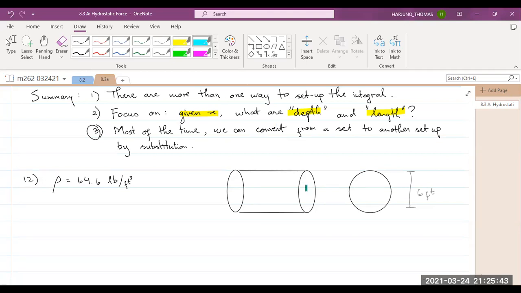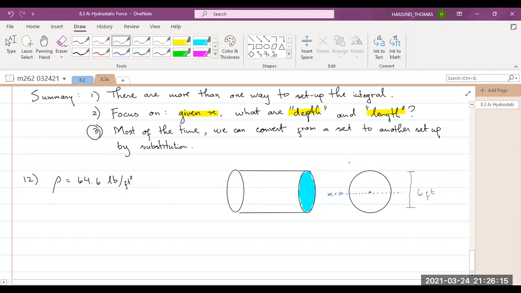So we want to find the amount of force experienced by this tank at one end of the tank. Okay, so now where should we put our point or line of reference? Now, we usually deal with the radius, right? Okay, so let's put our line of reference here. So this is our x equals 0.